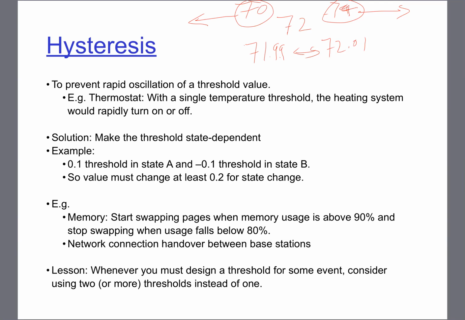So that's a physical world example, and you can also apply this to computer systems, for example, in a memory paging system. Whenever memory gets full, or is about to be full, we want to swap pages out, and then bring pages in when they're needed, right?